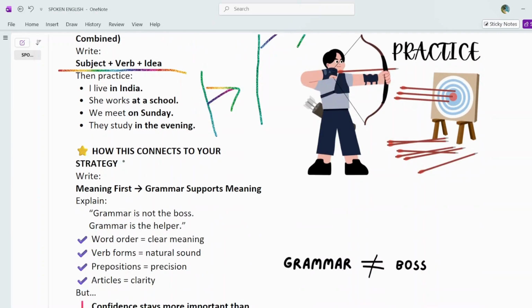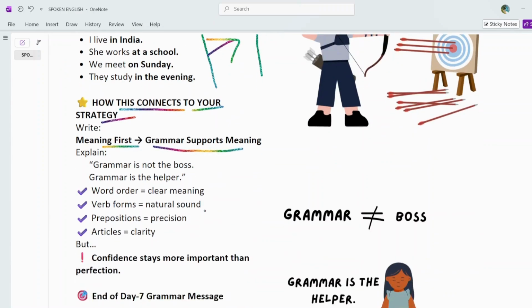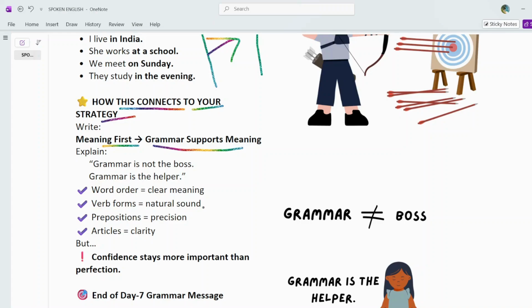Okay. Now, let's look at how this connects to your strategy. That is, meaning first: grammar supports meaning. Many people say grammar is everything and you need to be flawless in grammar.